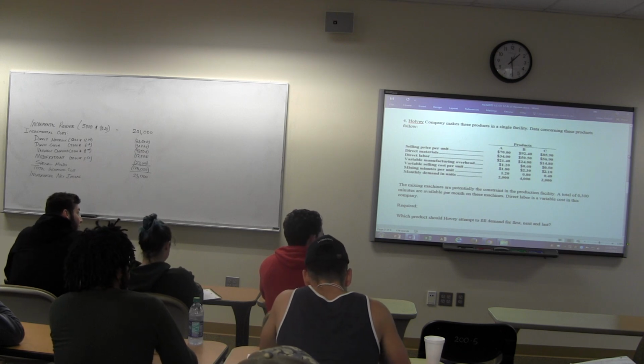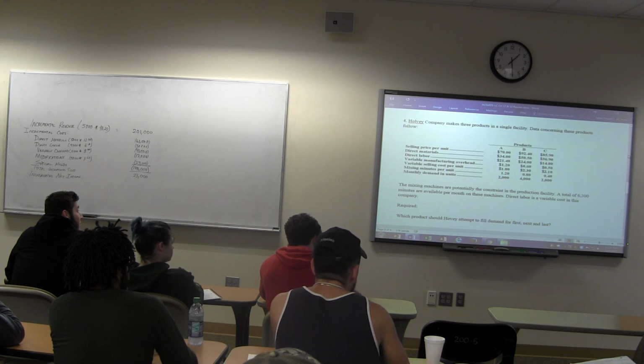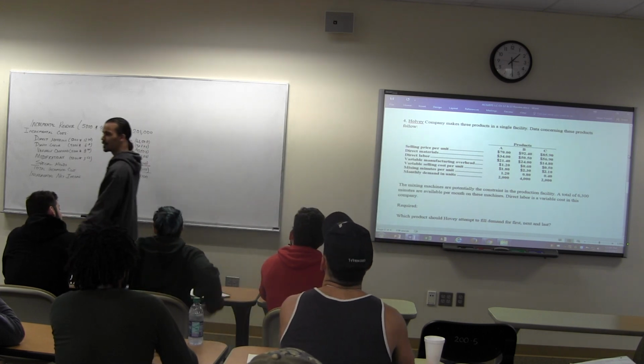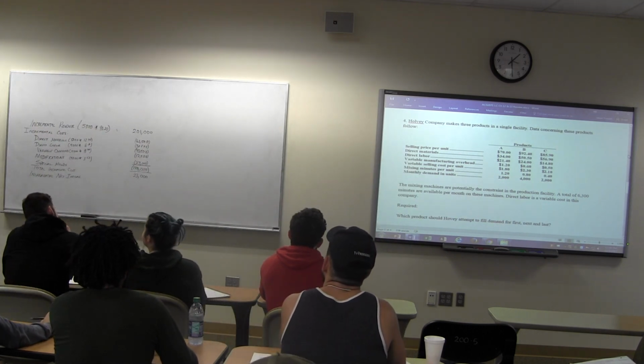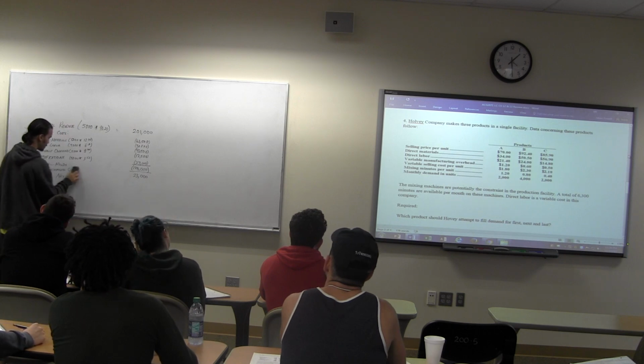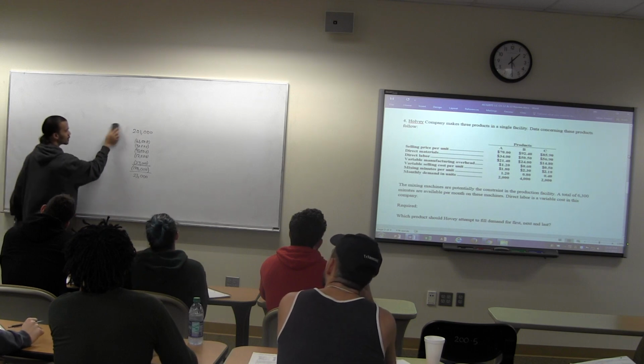Great question. Okay. So, we get into this class, the first thing we learn is something about a contribution margin, correct? What does contribution margin tell us? Who can tell me what contribution margin is?